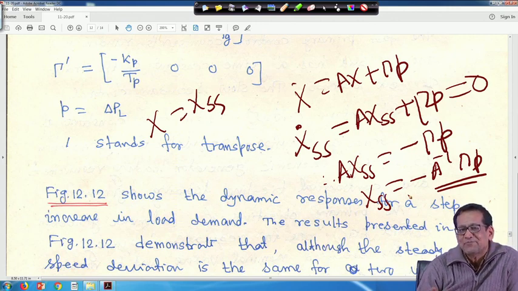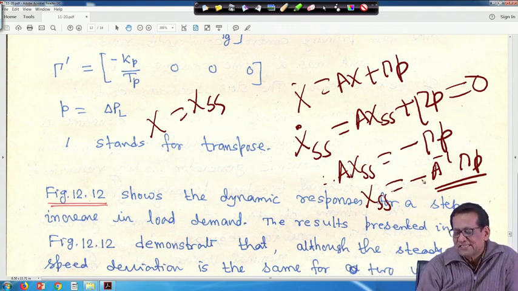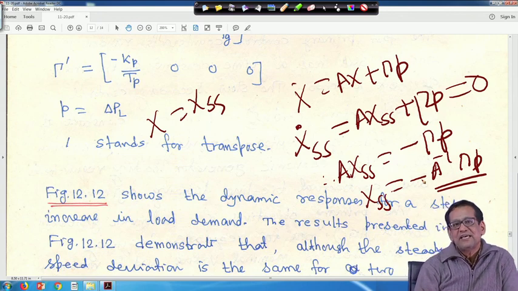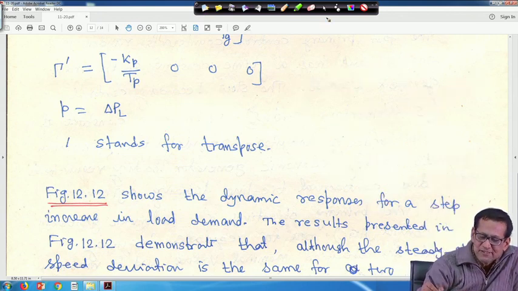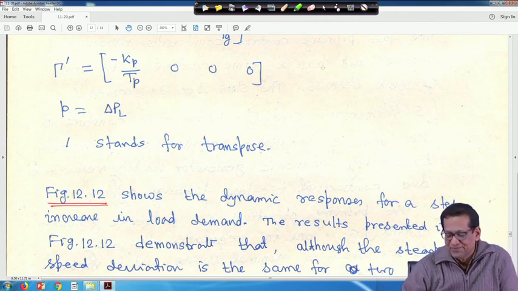So simply if you put it in MATLAB, and if A inverse exists for the system, then x1, x2, x3, x4, n number of state variables' steady state values can all be computed using this formula, x_ss is equal to minus A inverse gamma p. So this is how we can do it.